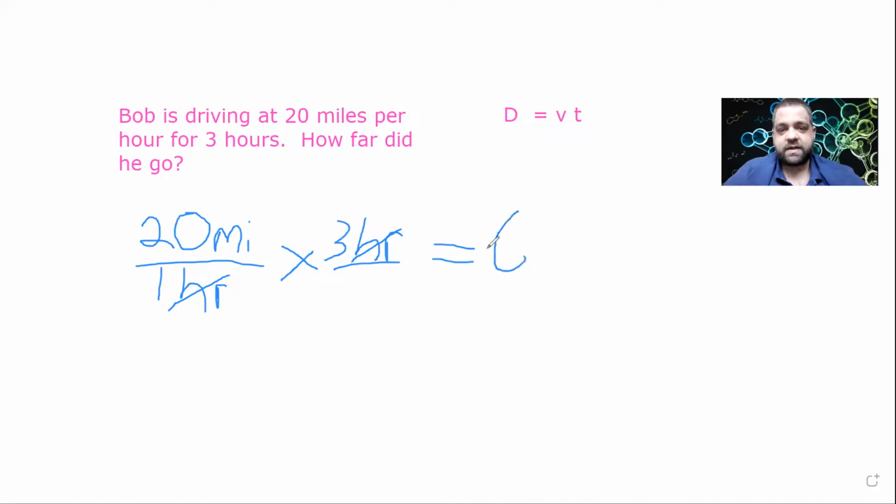And that is going to equal miles, 60 miles. Okay. Very straightforward. Again, people don't necessarily need to go through this big process to see that, but as the problems get complicated, this will make things easier for you.